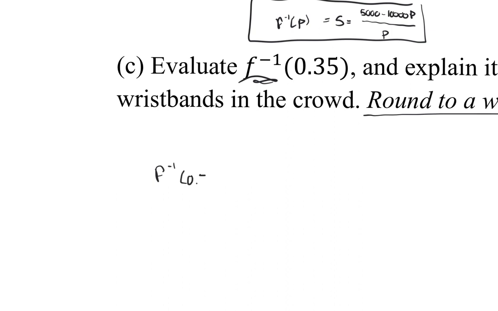So F inverse of 0.35 is equal to 5,000 minus 10,000 times 0.35 divided by 0.35.